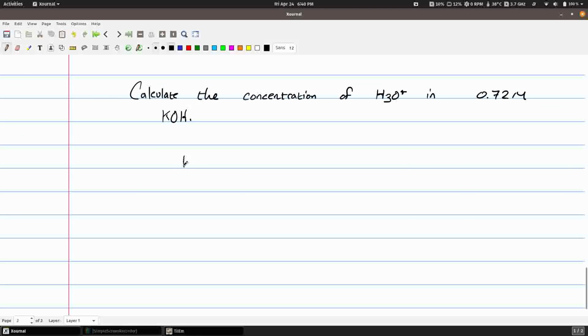Okay, so I'm going to start out. Remember, this isn't calculating pH or anything. This is just telling you, based on the auto-ionization, how much hydroxide you have in the solution, or how much hydronium you have in the solution. It tells you both because it's a ratio. So this equals 0.72 times H3O plus, sorry.